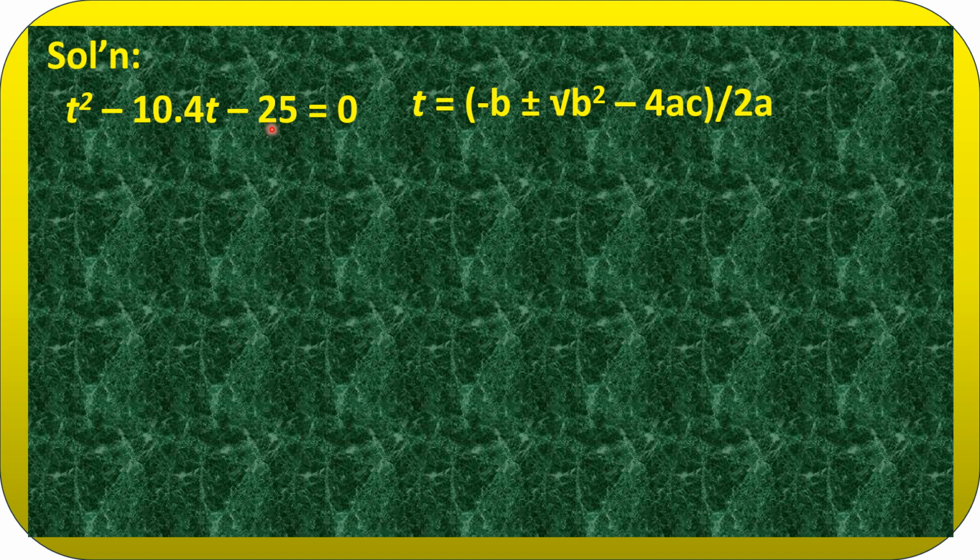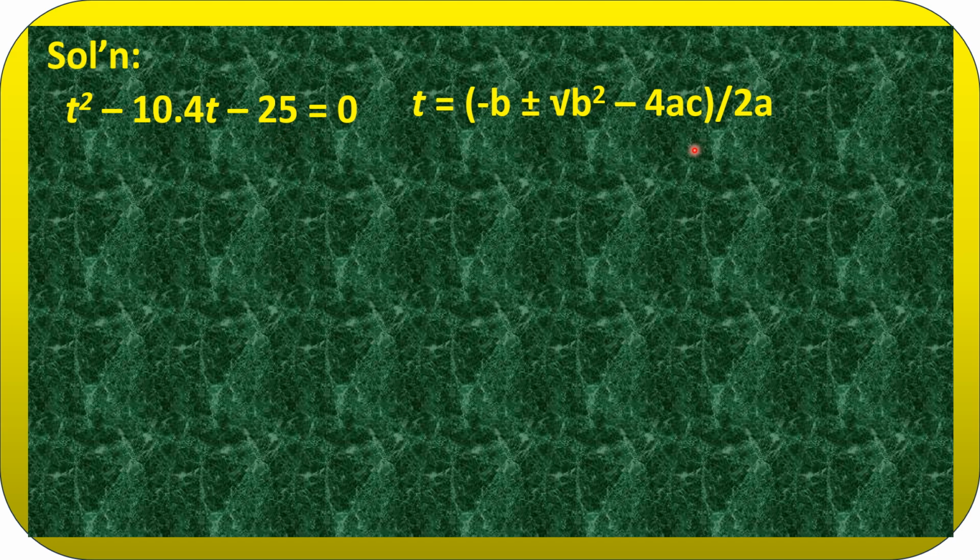In our equation, b refers to the second term, which is in this case negative 10.4. While a, of course, refers to the numerical coefficient of t squared, which is understood to be 1. And then c refers to the third term, which is negative 25.